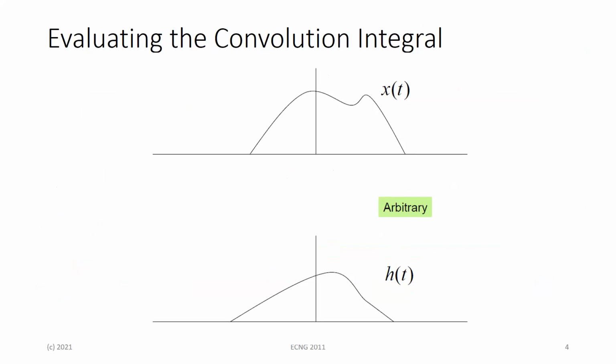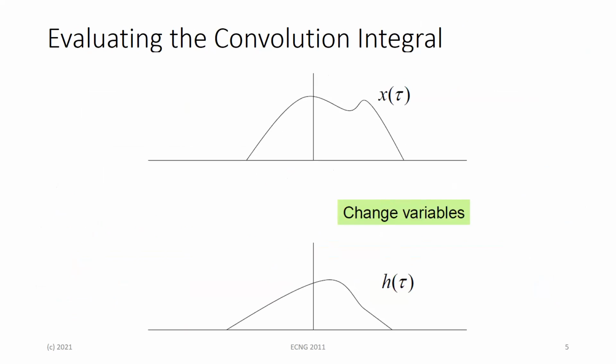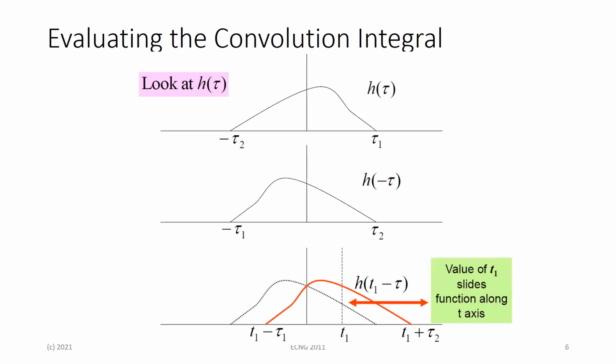So right here, you start off with the two signals, you change the variable, which doesn't do anything to the signal. If h(tau) is the upper one, h(minus tau) is just flipped around the t equal to 0 line, and h(t minus tau) flips it around.